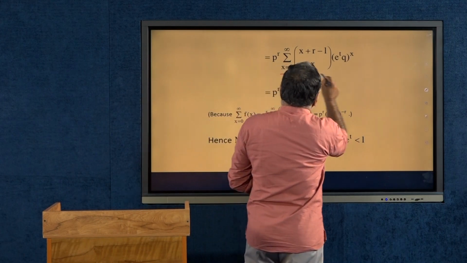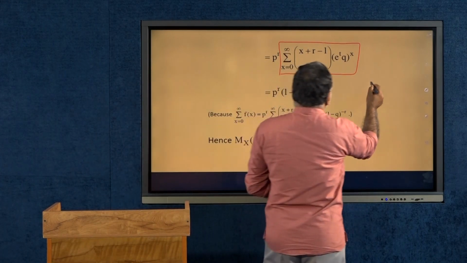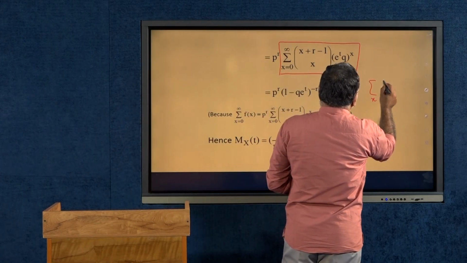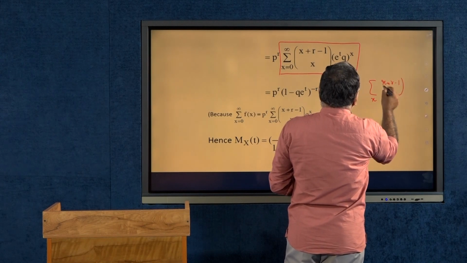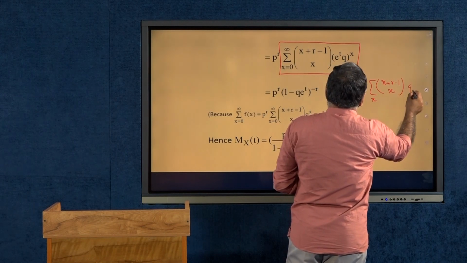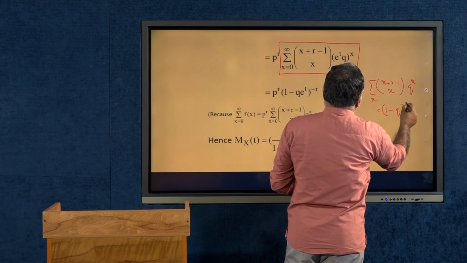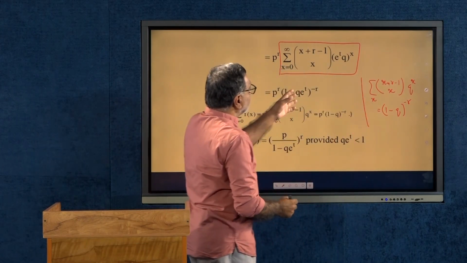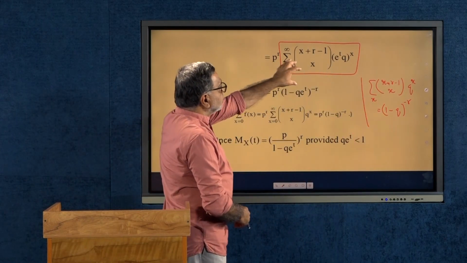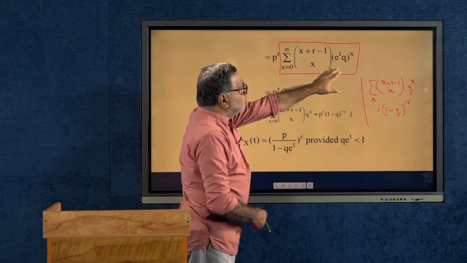See, this is again a known result for us, because the sum of x plus r minus 1 c x q power x is equal to 1 minus q all power minus r. This result we apply here: x plus r minus 1 c x e power t q all power x.